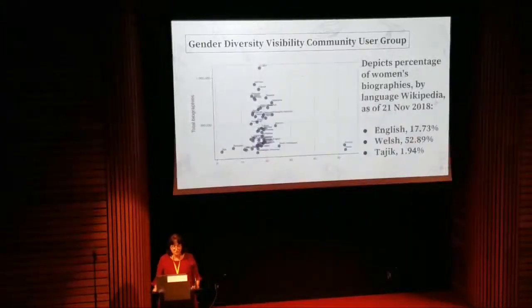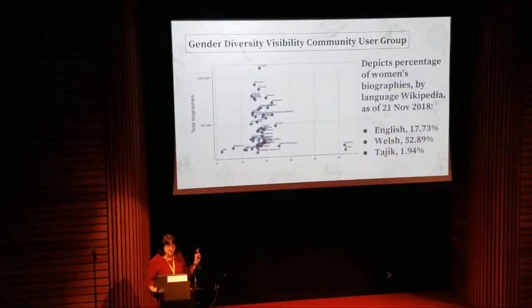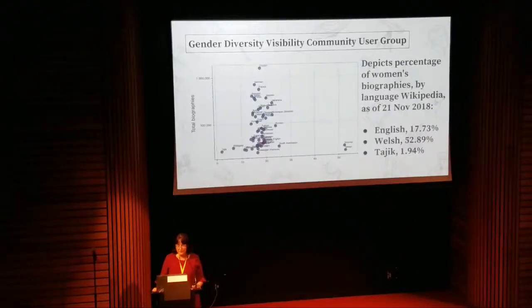The data set is generated by Wikidata. What you see here is a depiction of the percentage of women's biographies by language Wikipedia as of November 21st, just a few days ago. Since Women in Red was founded in July 2015, our editors have created tens of thousands of new articles within our scope in dozens of different languages.